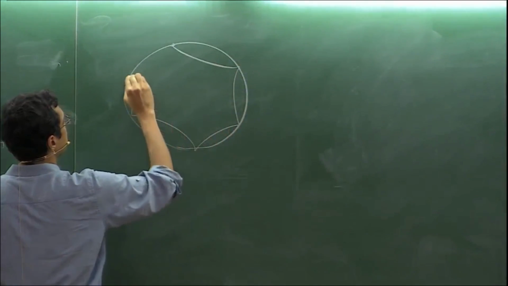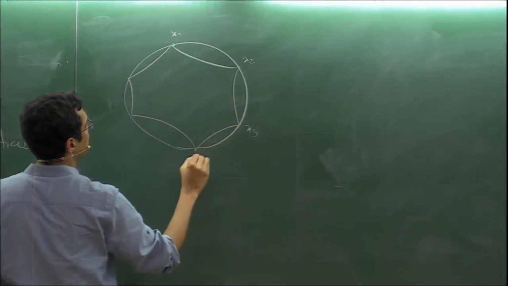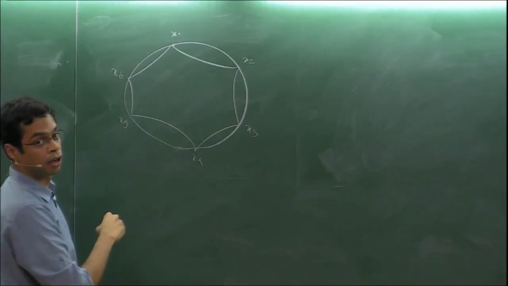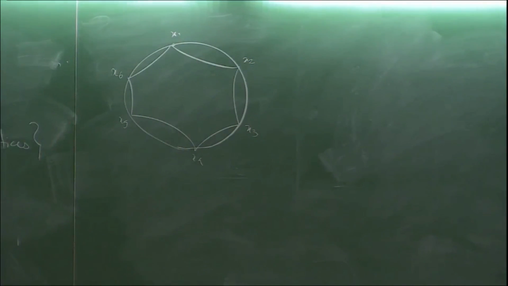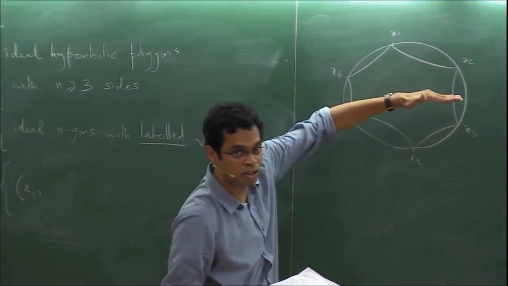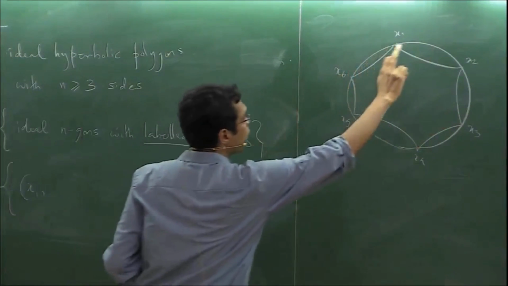Okay, so maybe there are vertices x1, x2, x3. So this is an ideal hexagon, right? So you can label. What labeled vertices mean is that you're kind of numbering these. Okay, so if you permute them, then it's a different labeling. Okay, so you have a sort of an ordered tuple.